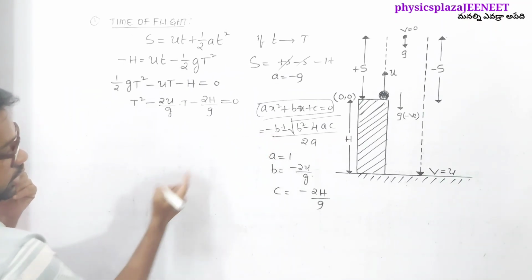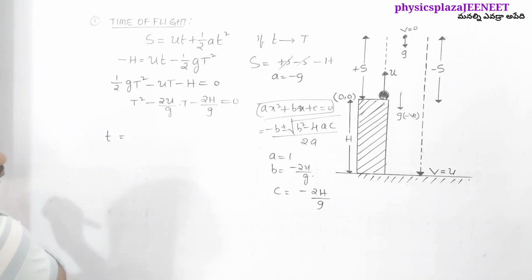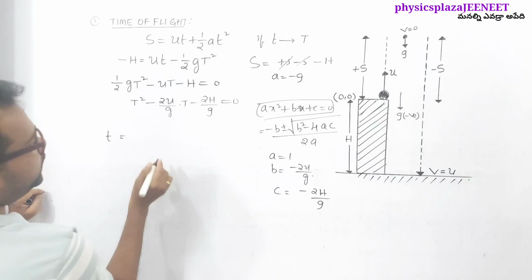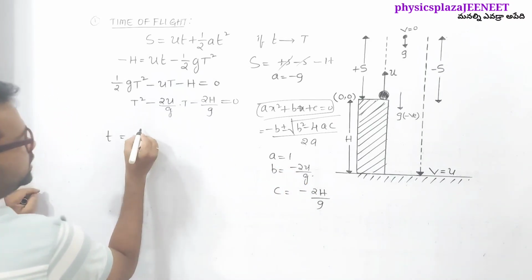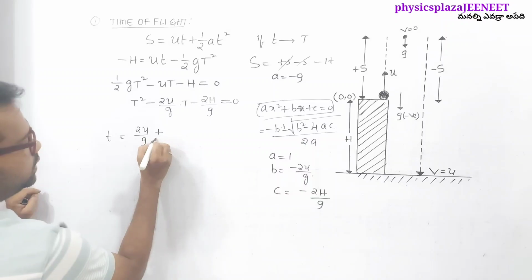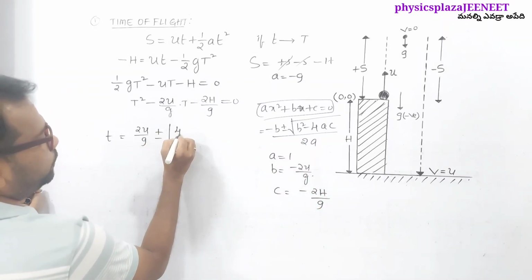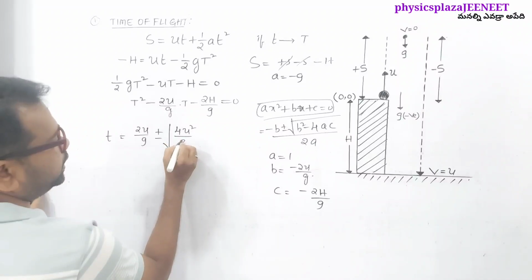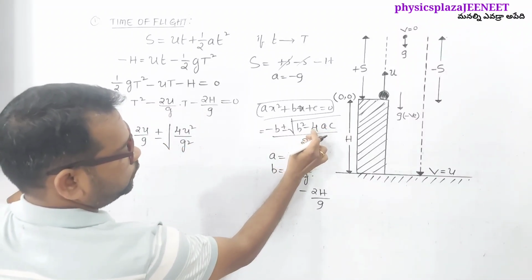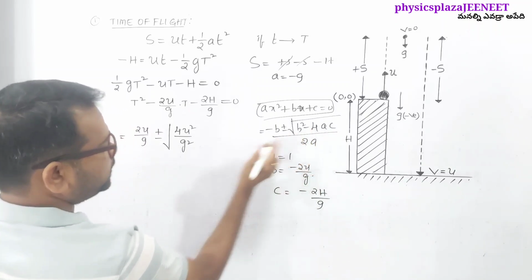Of course, here we need to get the roots, right? So time t is what we want actually. So t is equal to plus or minus. First minus b, so minus into minus is plus. So this can be written as 2u by g plus or minus square root of b square. This square is going to be 4u square by g square minus 4ac. A is 1 but c is again minus, so minus into minus is plus.